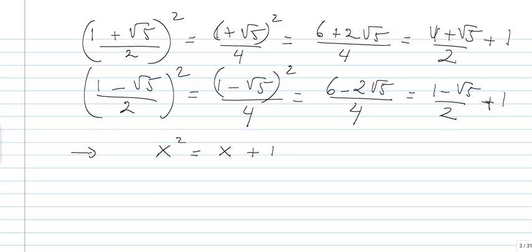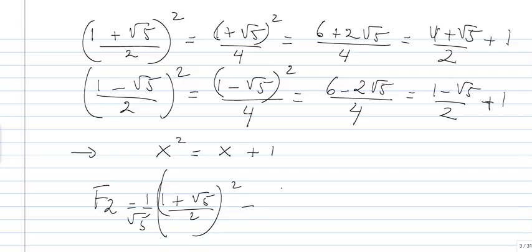Now this is very interesting because it will help us a lot later on in the proof. So if we go to F2, again, what do we want to prove? We want to prove that it's equal to 1 over square root of 5 times 1 plus square root of 5 over 2 squared minus 1 minus square root of 5 over 2 squared.